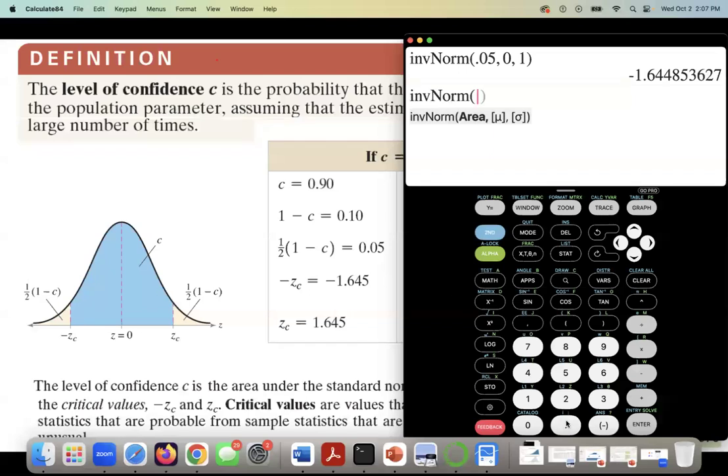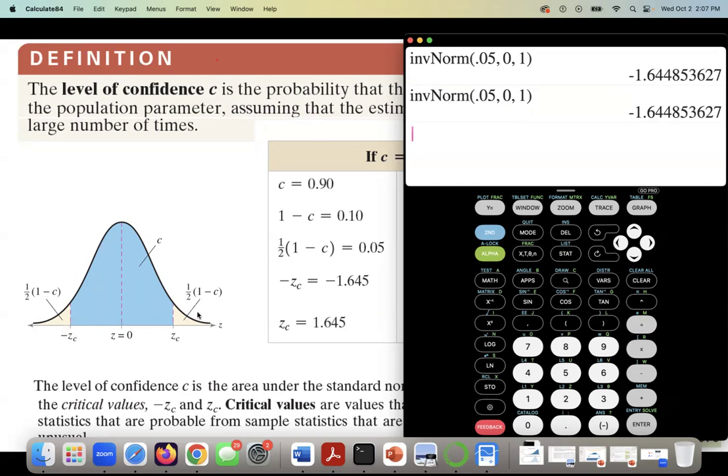So we need to enter 0.05, then a comma, and the mean is going to be 0 because it's the standard normal distribution, with standard deviation 1. Hit enter and you get the exact same number on the left-hand side, which is your critical value, separating the probable part from the improbable, unusual parts.